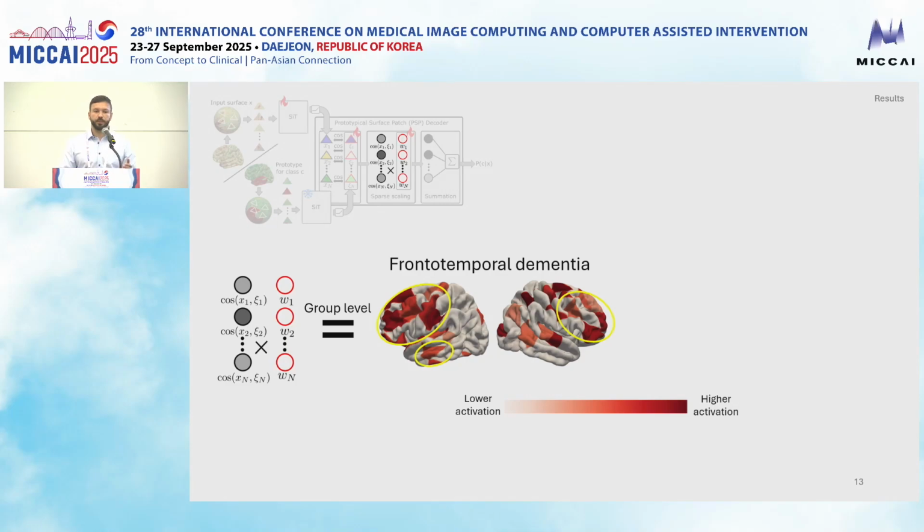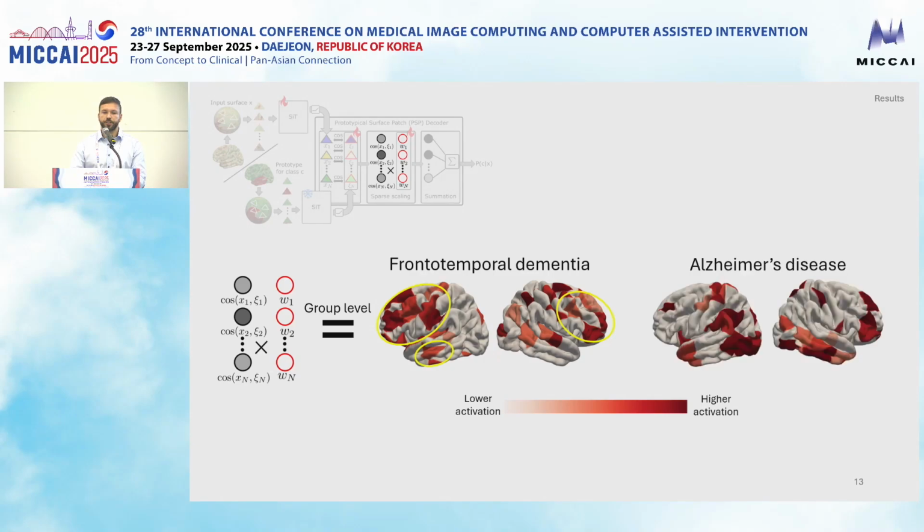This makes sense because the large parts of the frontal lobe that are highlighted here, and also a little bit of the temporal lobe, are characteristic regions of this type of disease, and very established in the literature. For Alzheimer's disease, we obtain slightly different maps, but again, large parts of the temporal lobe and also the junction between the temporal and the parietal lobe are highlighted, and this is again very reasonable, and we can well understand the decision-making of the model, which corresponds to the literature.